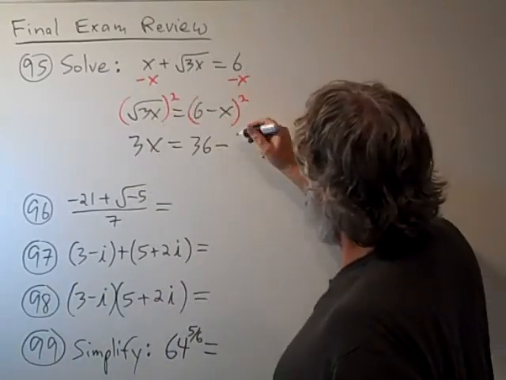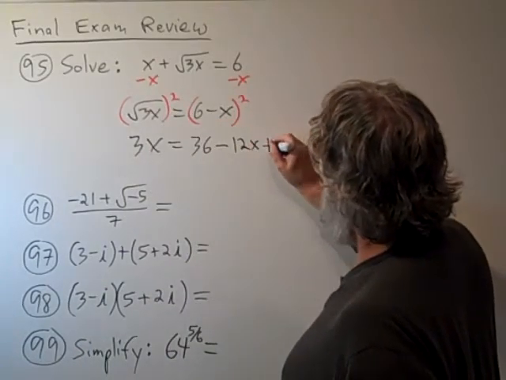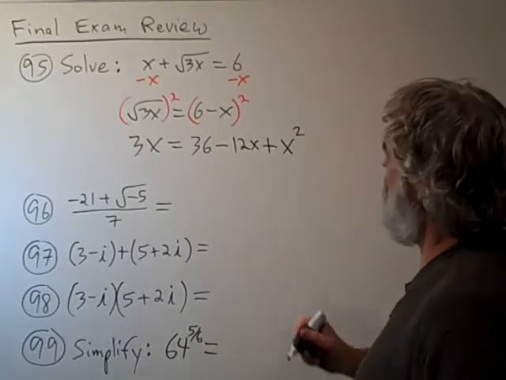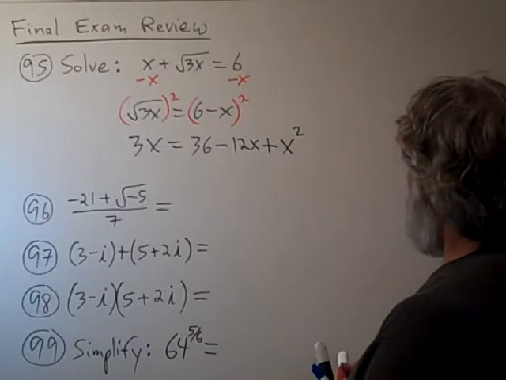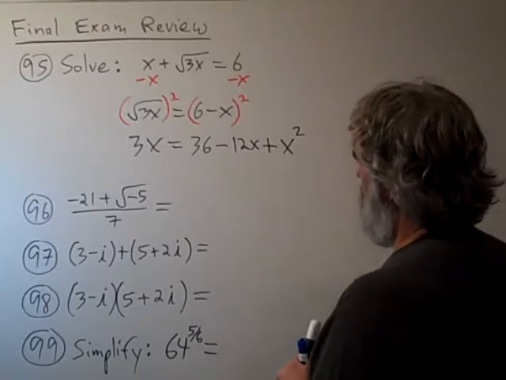minus 2 times 6 times x is 12x plus x times x is x squared. Then we need to subtract 3x from both sides.